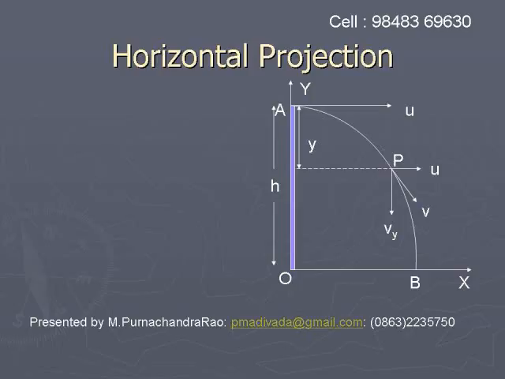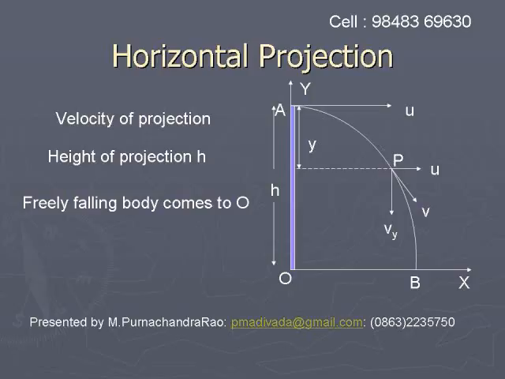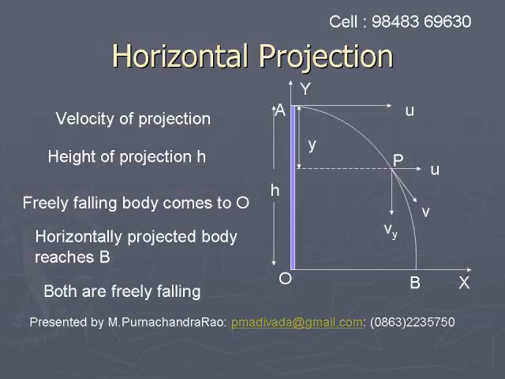Let us suppose a body is projected with a velocity u horizontally from a height h. In the figure, h is the height of projection, u is the horizontal velocity of projection. If a freely falling body is considered from A, it falls to the ground at O. But the horizontally projected body reaches a point B at a distance x from O. Both are freely falling bodies for vertical motion.